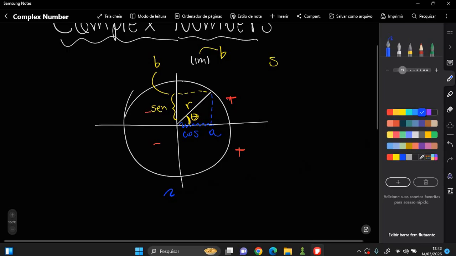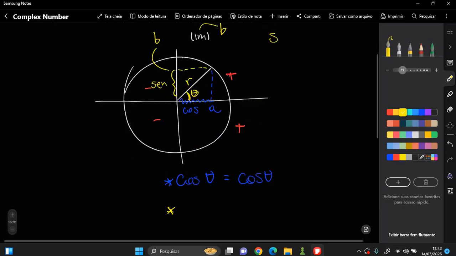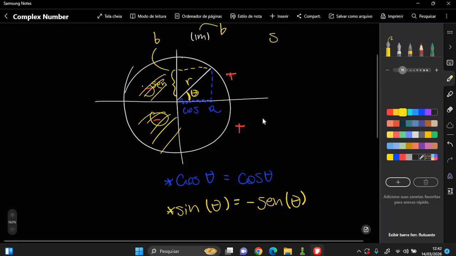So for the cosine we will have this, and for the sine of theta it will be minus sine of theta, because of this region of the trigonometric circle.